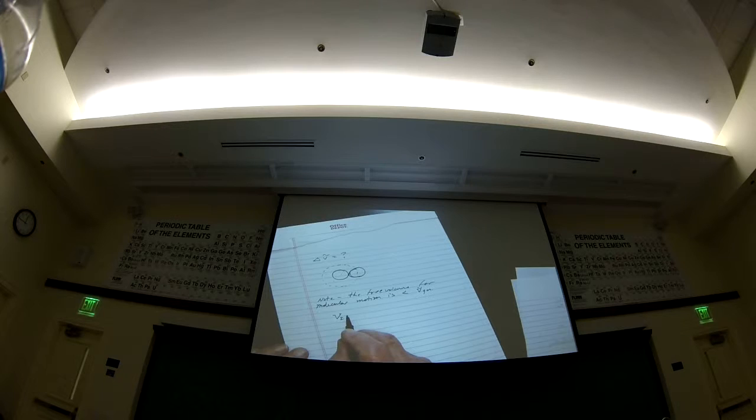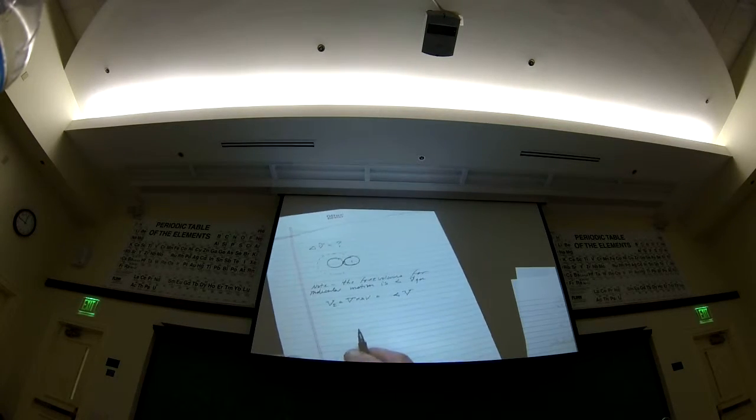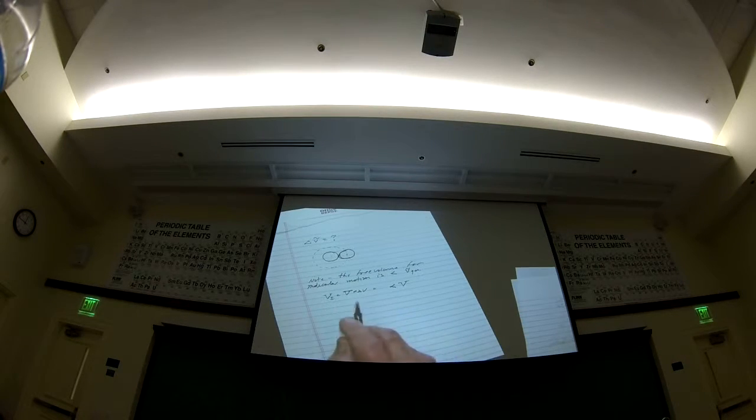ideal volume, which is the volume plus delta V, is less than the volume of gas.